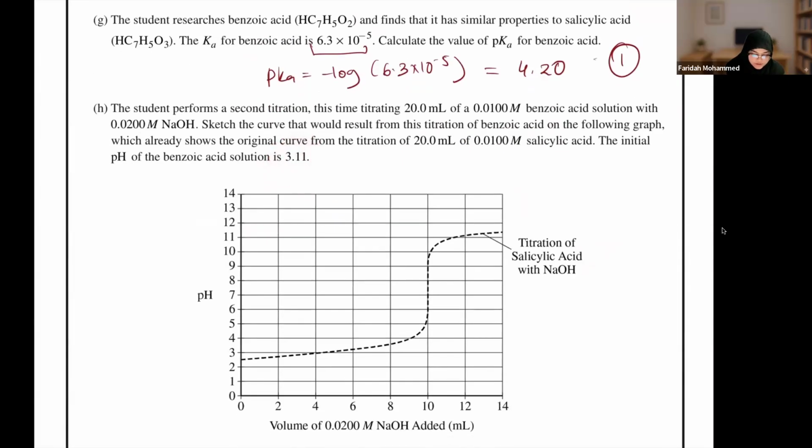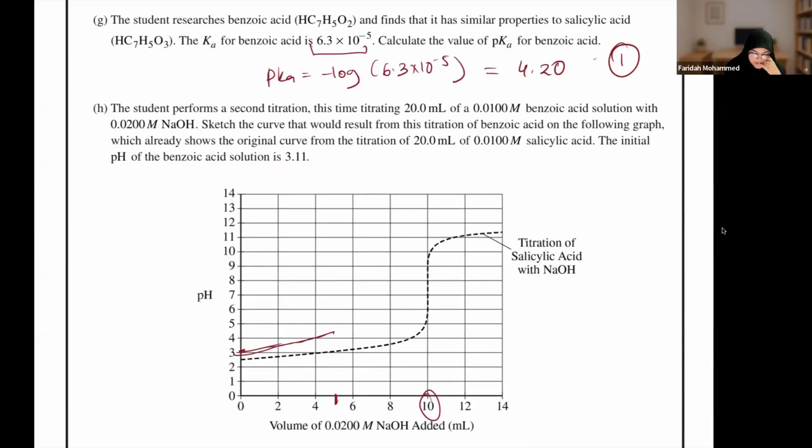So the starting point should be 3.11, maybe somewhere here. And what was the pKa? At half equivalence point, so 10, 5, it should be 4.2, maybe somewhere here. So this is going to give you 1 point.